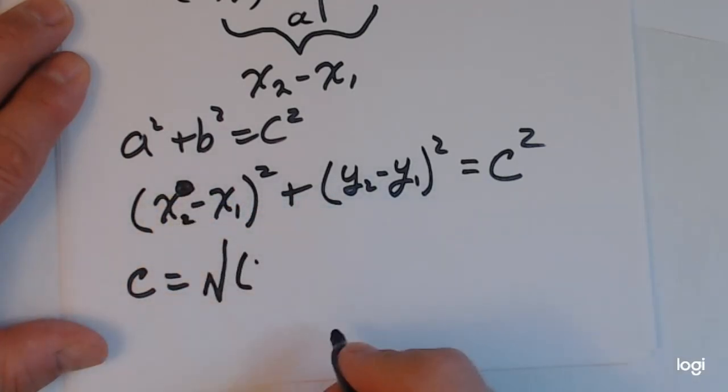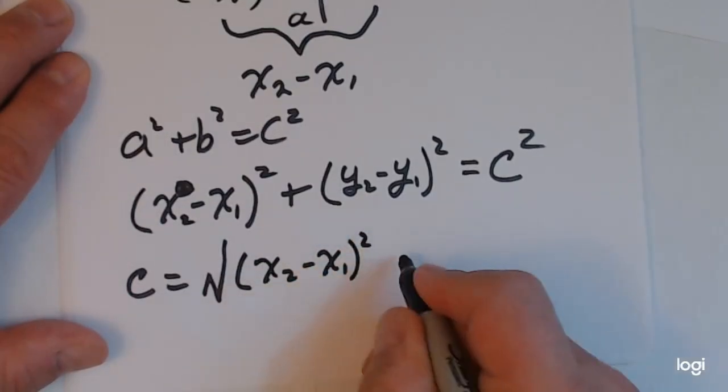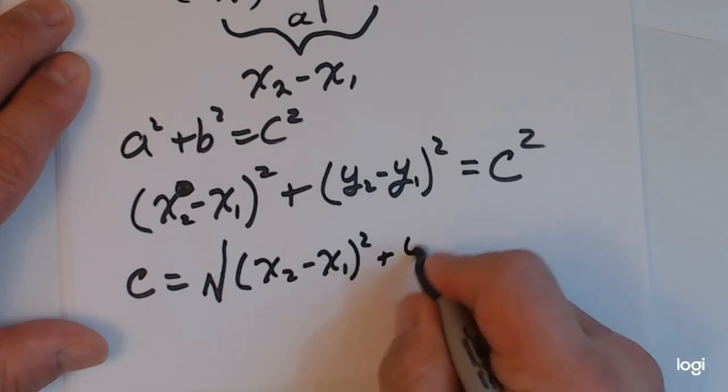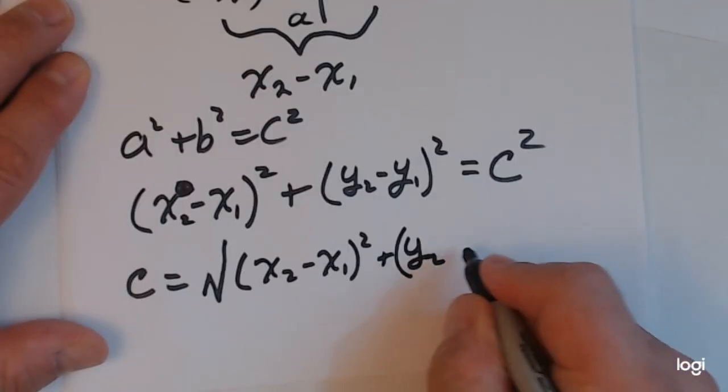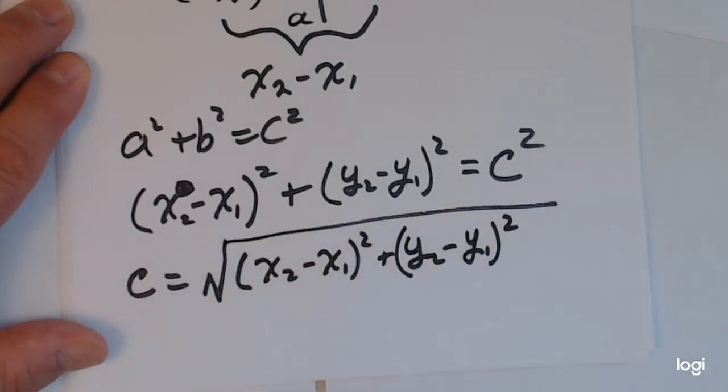This is x sub 2, not x squared. Sorry about that. X sub 2 minus x sub 1 squared plus y sub 2 minus y sub 1 squared. We take the square root. Well, guess what, folks?